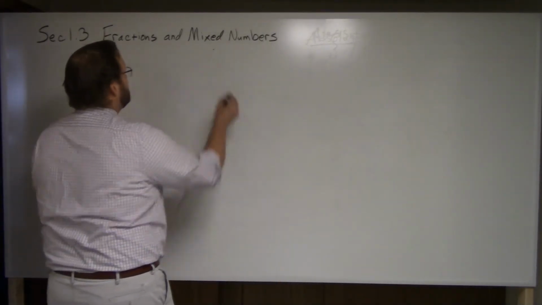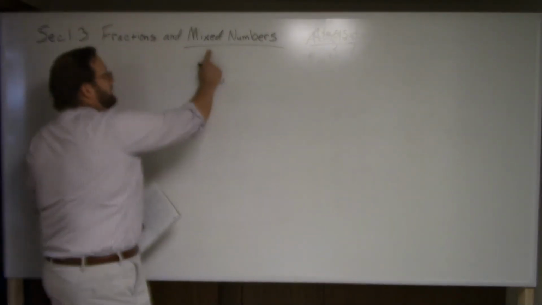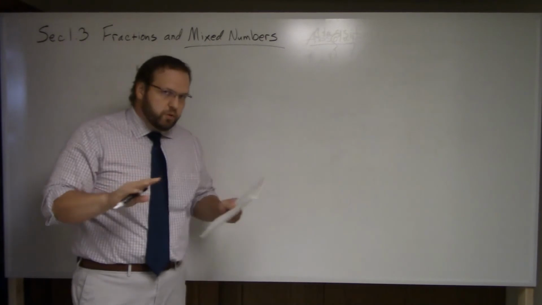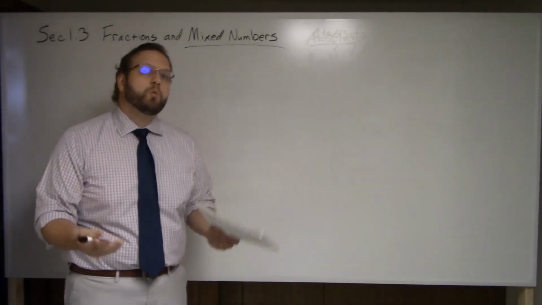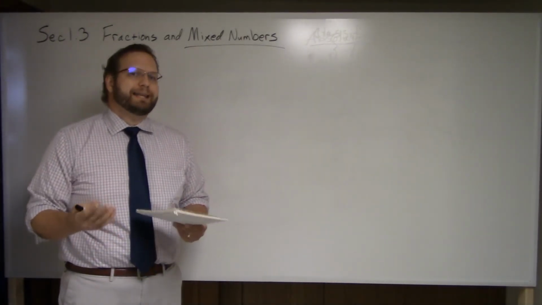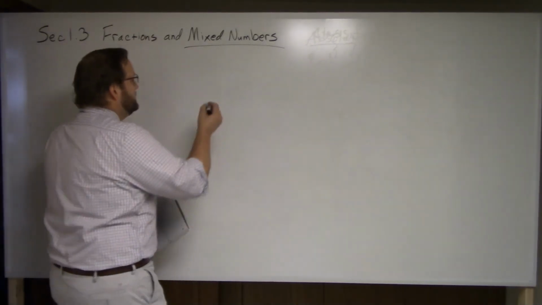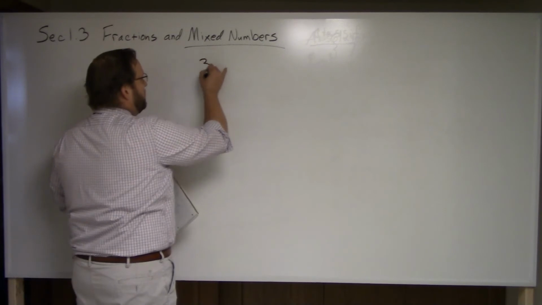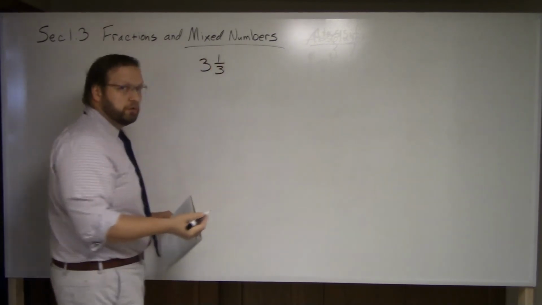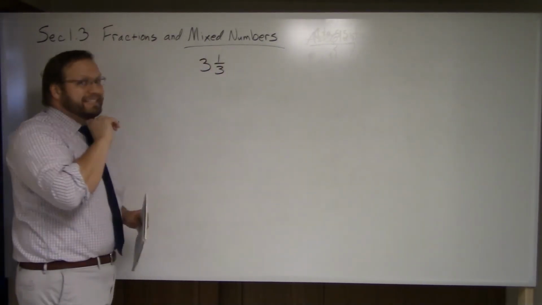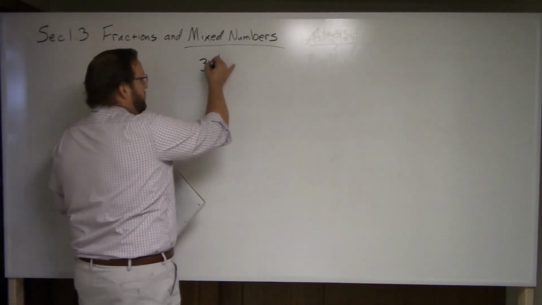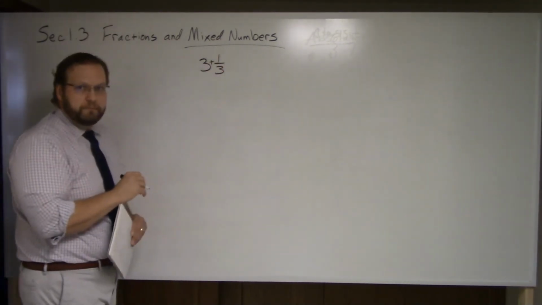Let's talk about these mixed numbers. Okay, now mixed numbers are totally okay. There's nothing wrong with them per se, but we don't use them a lot in algebra. The reason why we don't use them a lot in algebra is because let's say we have a 3 1/3. That's a mixed number. Okay, that's understood to mean 3 plus 1/3.